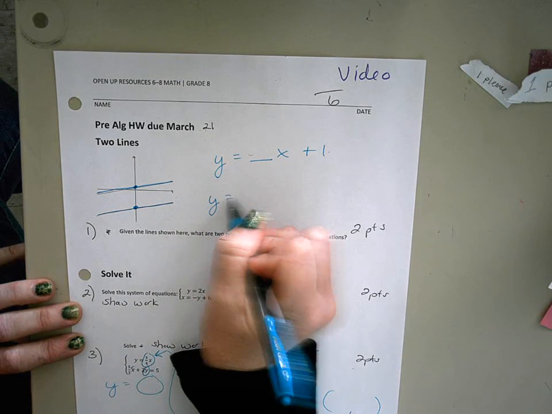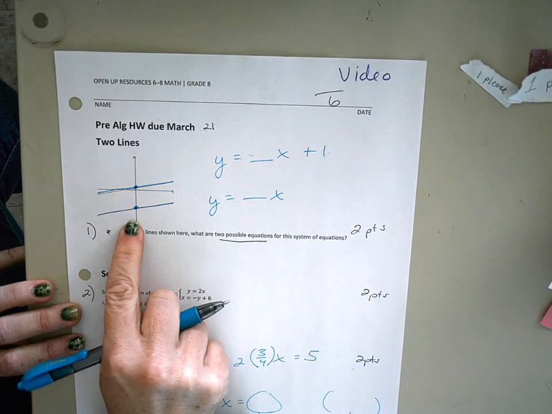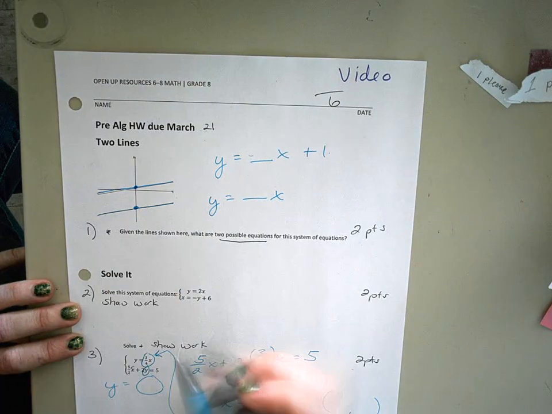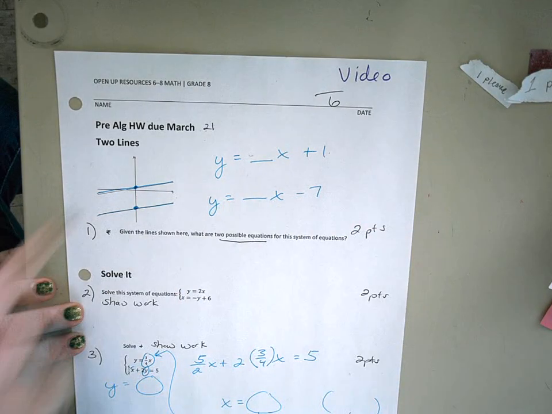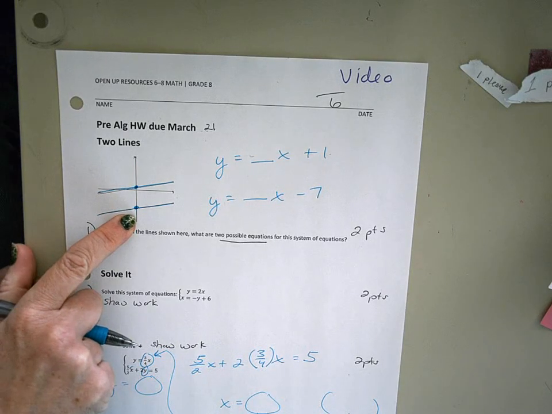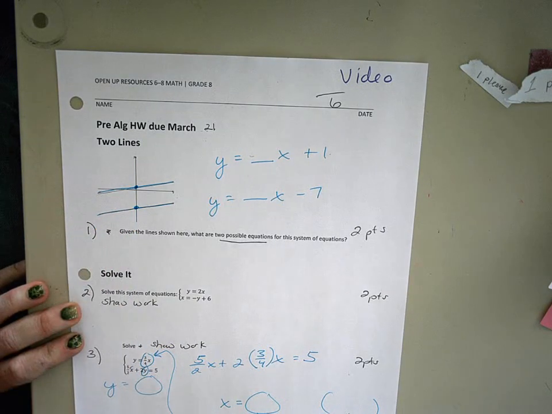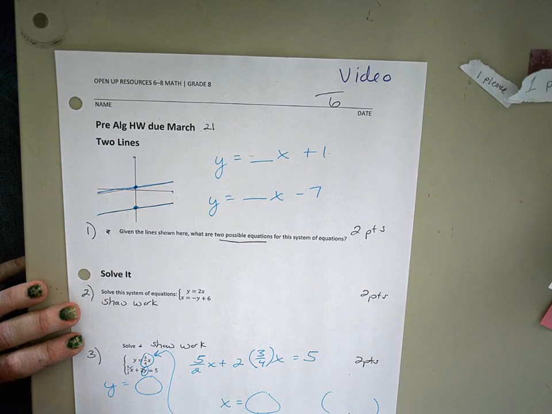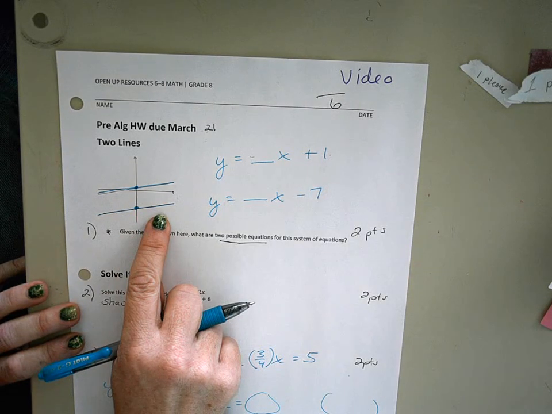So down here, I'm thinking maybe like -7. If this is 1, it's reasonable. Maybe -5, -7.